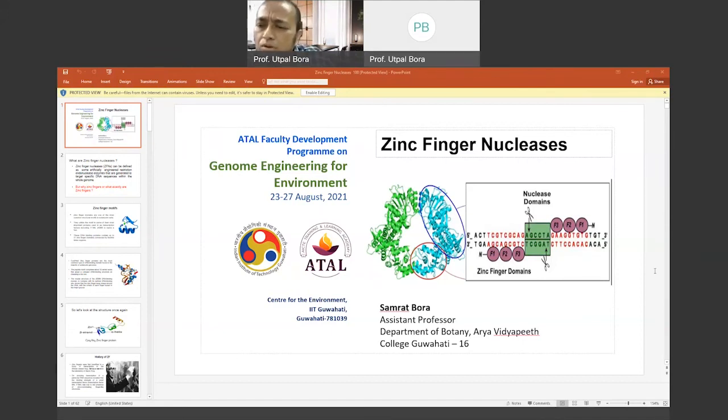So how do we overcome off-target effects when using zinc-finger nuclease? As I said, it is difficult to overcome it when the zinc-finger nuclease goes off the target. And how does methylation protect DNA from restriction digestion?